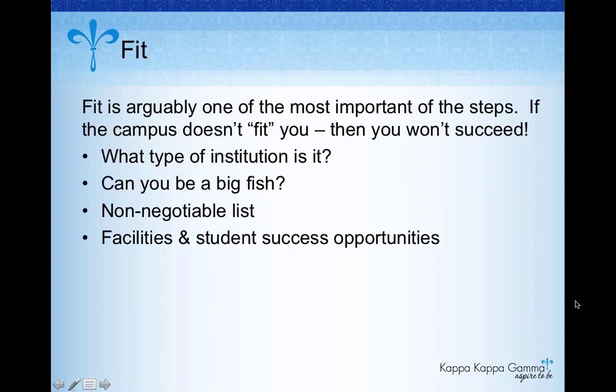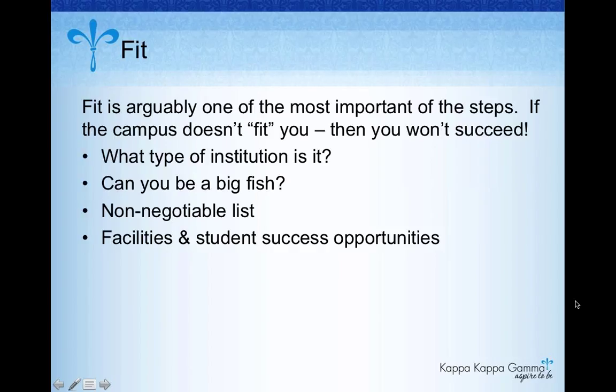Is it a large public institution? Is it a medium-sized school? Is it a private liberal arts school? Does it have a religious denomination with it? Those are things to consider. You need to know what you want when you're going in to look at the school. If you're flexible, you need to start making pros and cons lists of each type of school and narrow down your choices from that list.